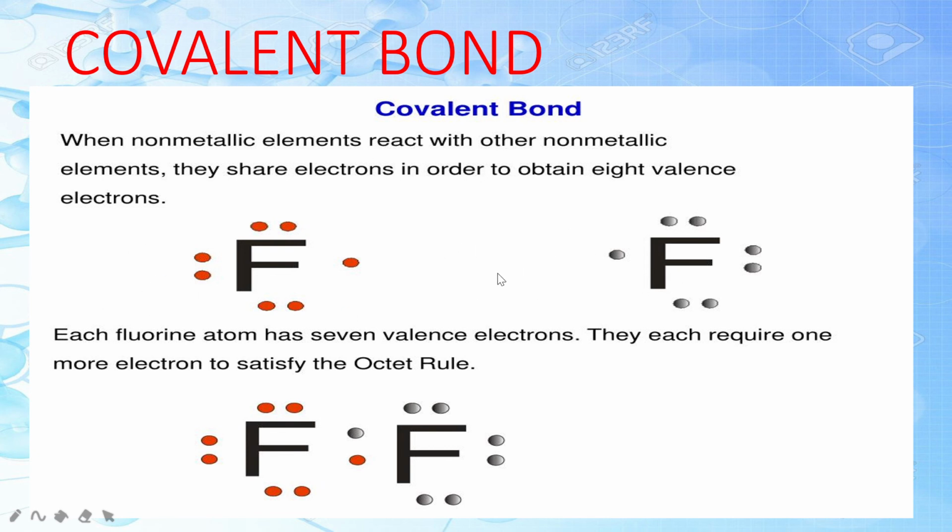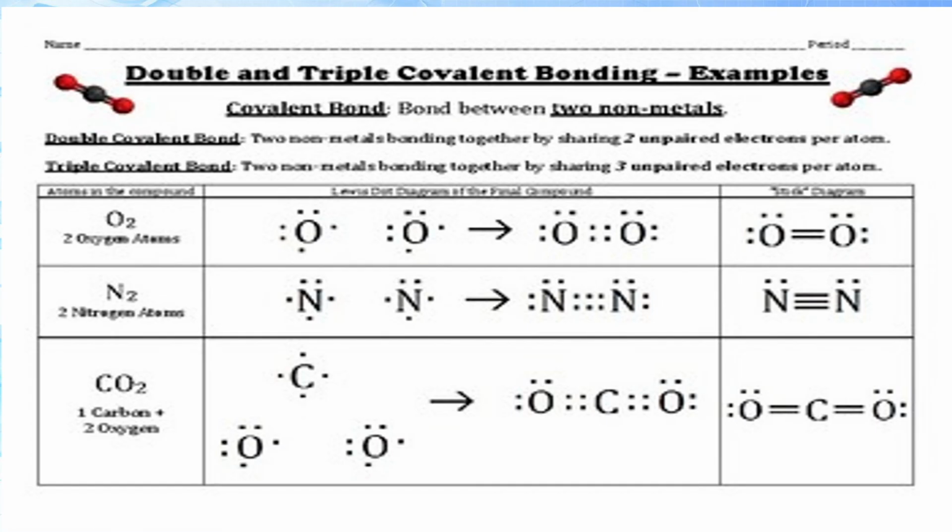And these elements are both non-metal. They just have to share their electrons in order to satisfy the octet rule. Just like this example, our fluorine atoms. They both have 7 electrons. So they each require one more electron to satisfy the octet rule. So they have to share their electrons with each other. So that is the covalent bond.